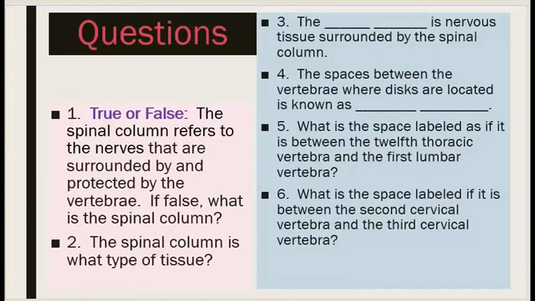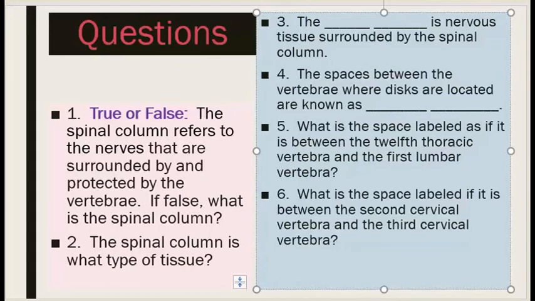Number 3, the blank blank is nervous tissue surrounded by the spinal column. Number 4, the spaces between the vertebrae where discs are located are known as blank blank.